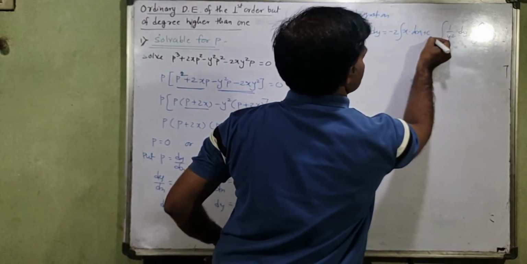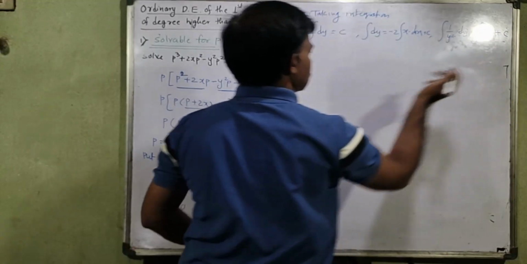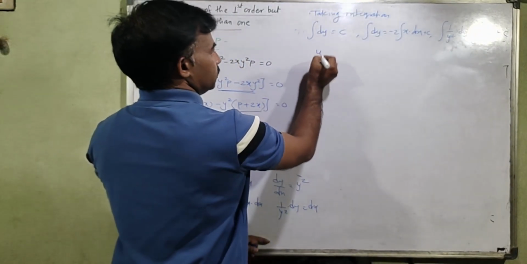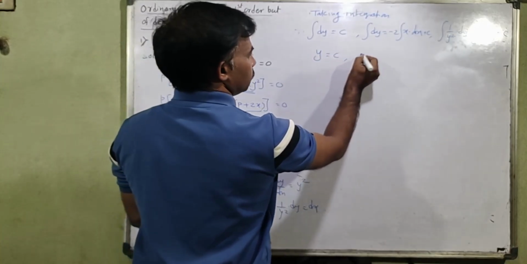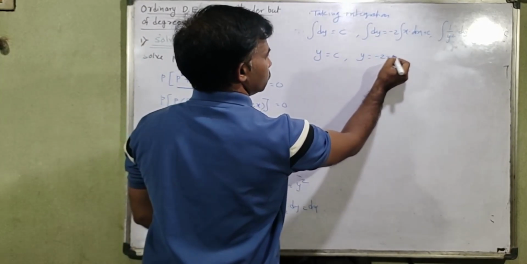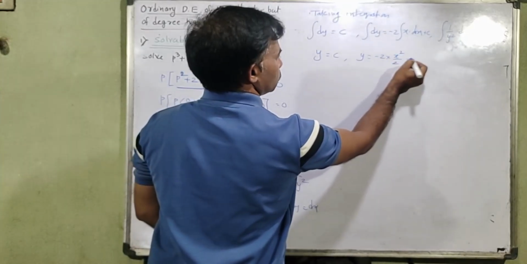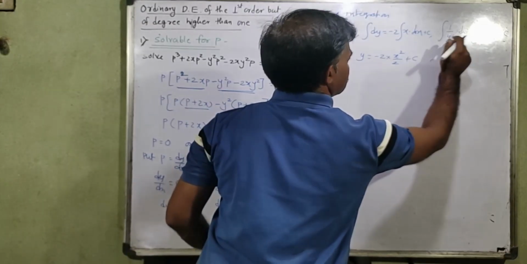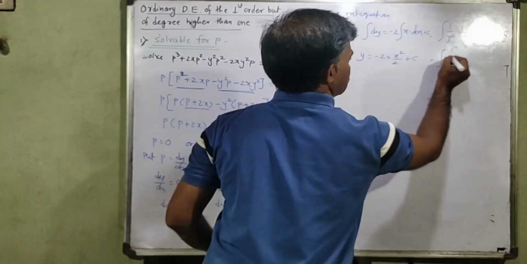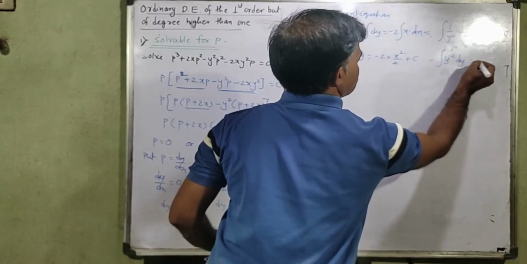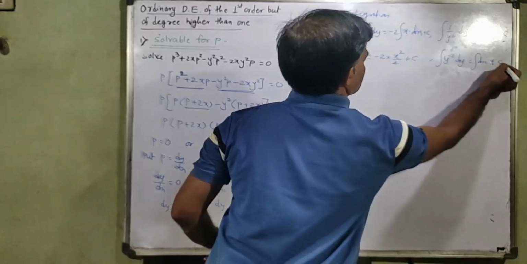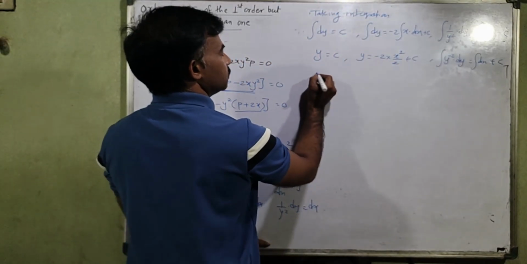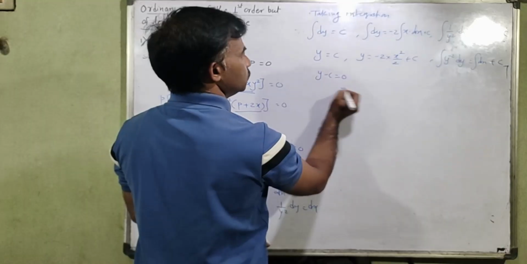Here also plus c and plus c are the integration constants related with it, and therefore y is equal to c, y is equal to minus 2 into x square divided by 2 plus c, and here y square is taken inside the numerator, and then taking the integration of this, you will get the final result. The 2 cancel each other, y minus c is equal to 0.